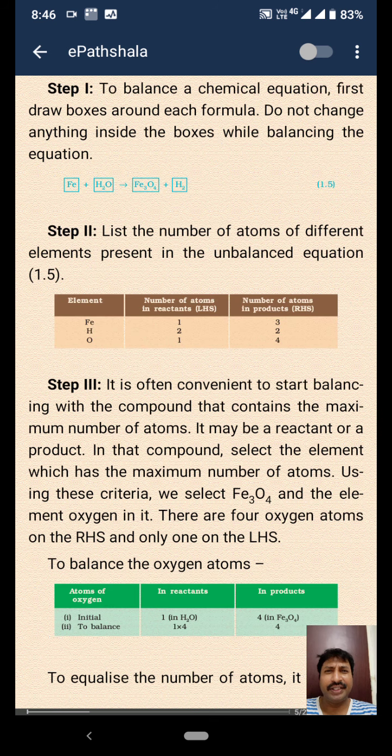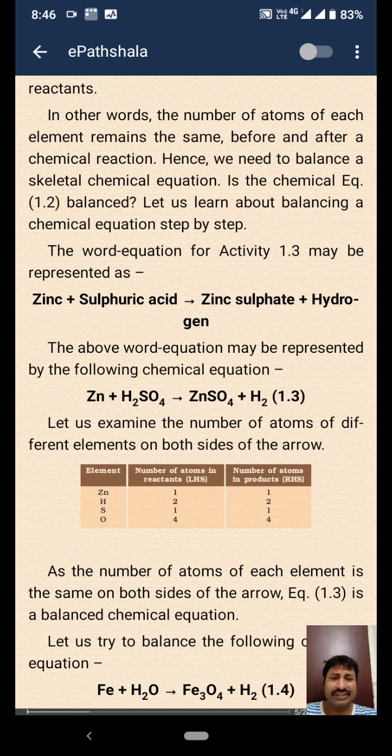In that reaction, it has not been balanced, because on the left hand side it is given as 1 iron, whereas on the right hand side it is 3, oxygen here 1 and here 4, and this side hydrogen 2, and on the right hand side it is 2. So hydrogen is balanced, iron is not balanced, oxygen is not balanced.